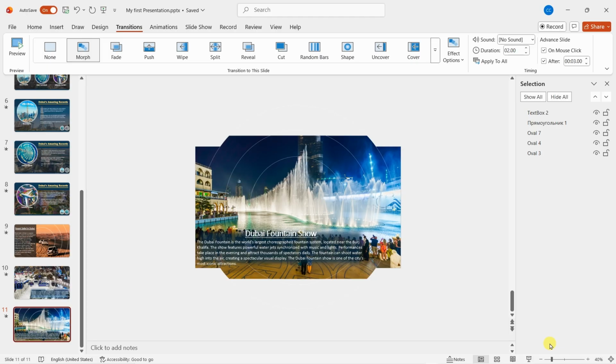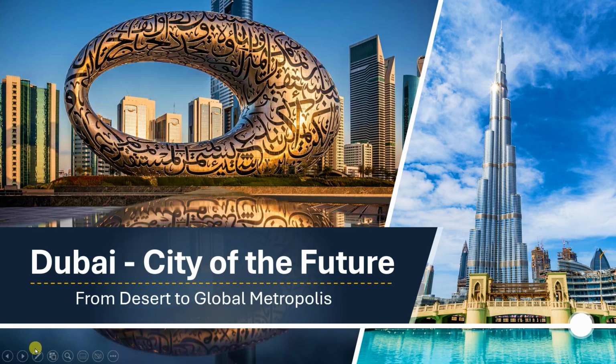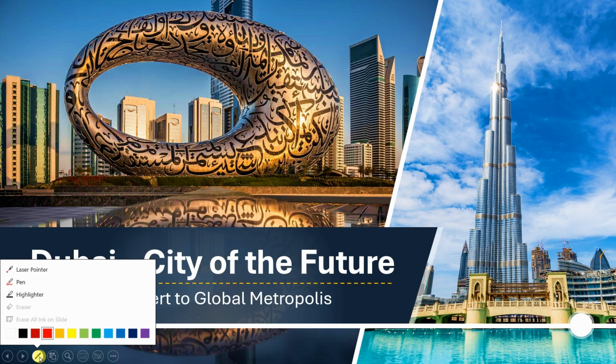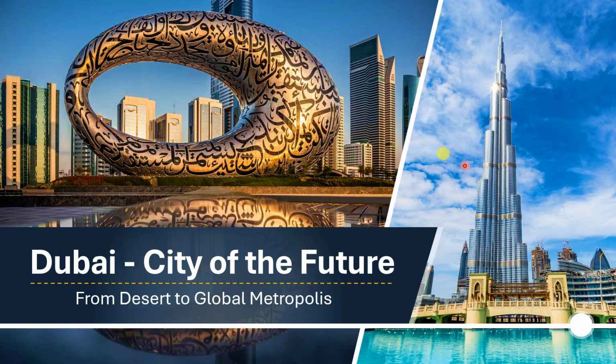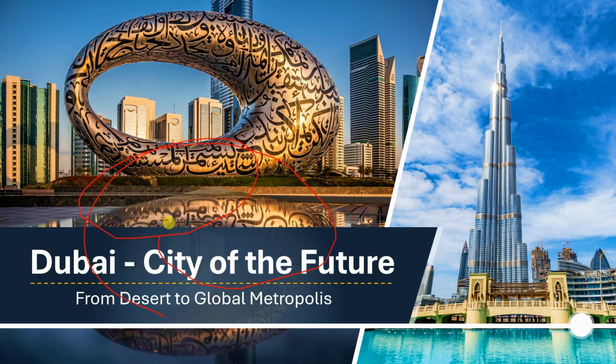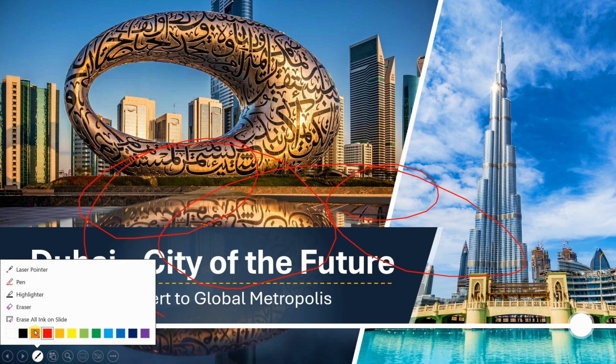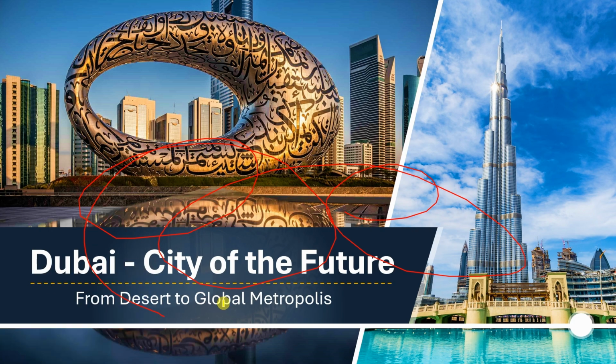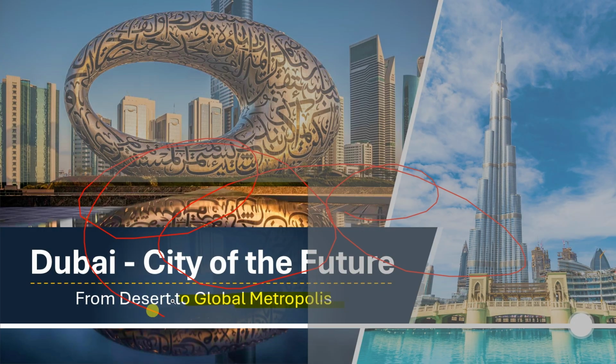Now it's time to take a closer look at slideshow mode. During a presentation, the presenter can use a highlighter, pen, or laser pointer to draw attention to a specific element on the slide. There's also a tool for zooming into a specific area of the screen, which can be useful as well.